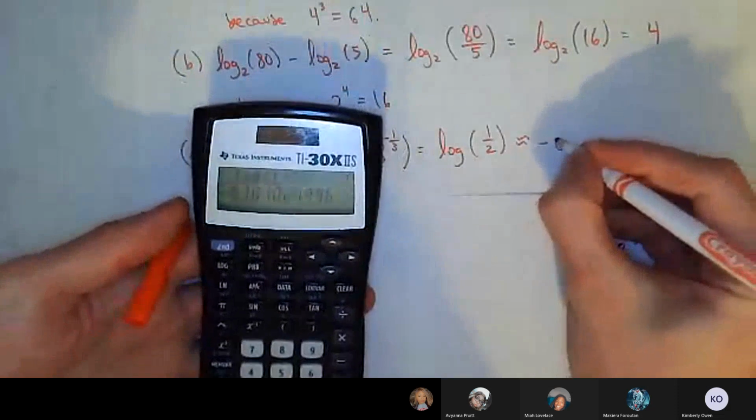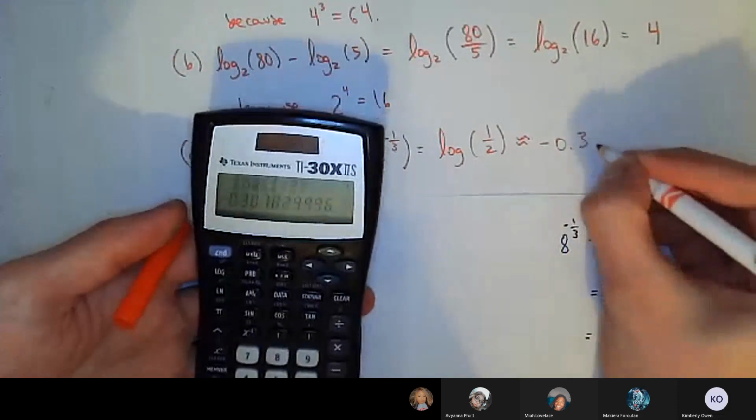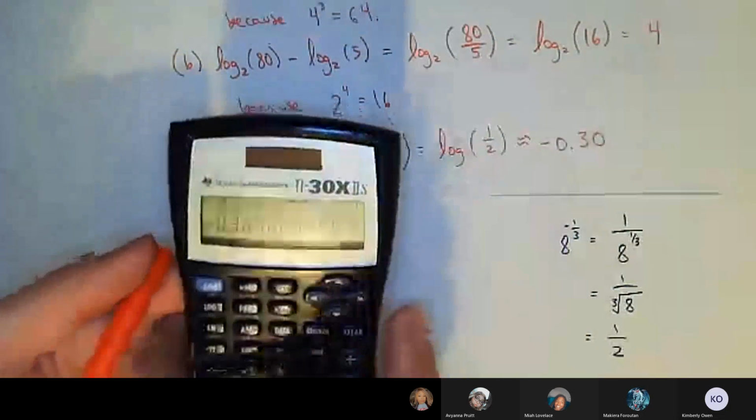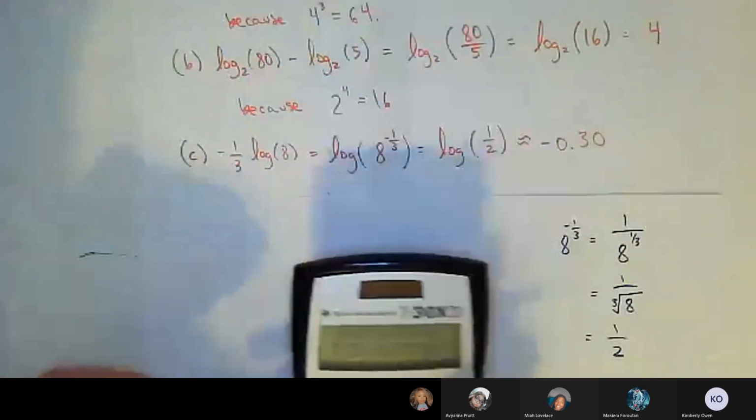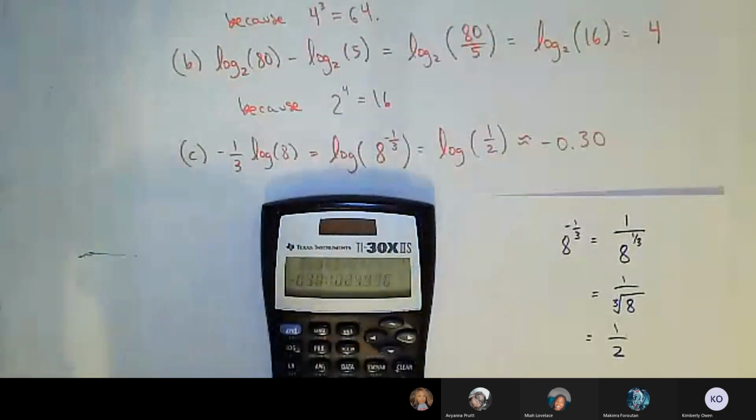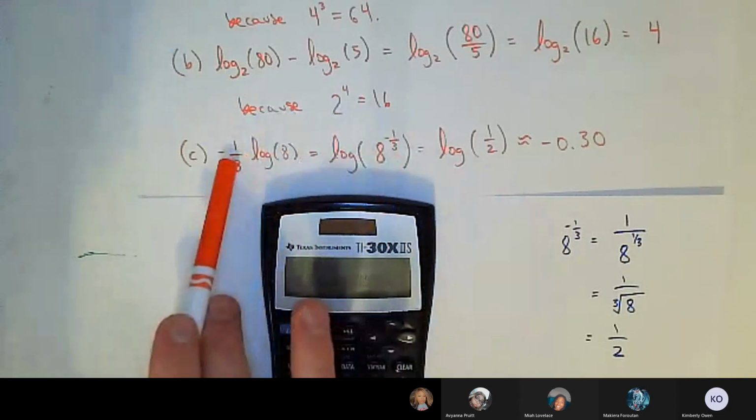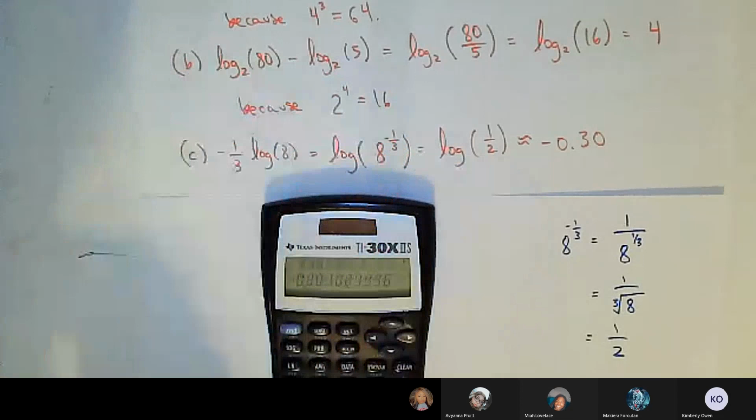I'll just round to the 100th place. Remember that we didn't need this law to be able to evaluate this expression. We just used the law to push this into the exponent position just for practice, right? Just for practice.